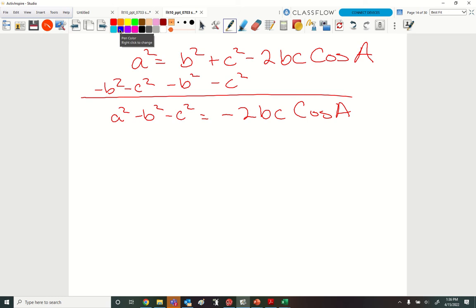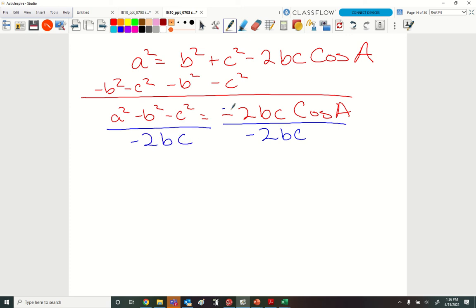Again, I'm trying to get my cosine A by itself. So my negative 2bc is doing what? It's multiplying, isn't it? So to undo a multiplication, I'm going to divide both sides by negative 2bc. And I'm going to rewrite this because I like having cosine first.